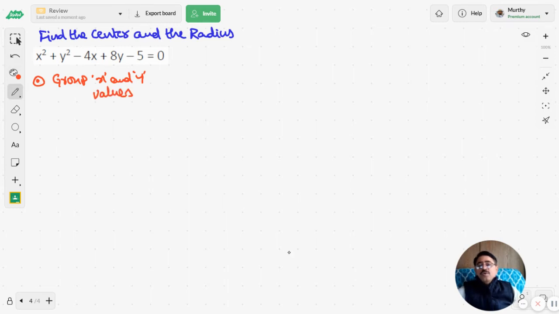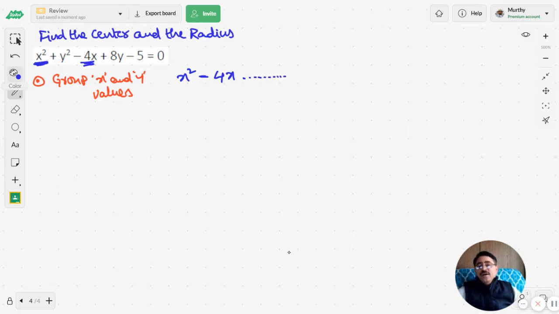Grouping x values and y values means I see x value negative 4x and x square. So let me write them together: x square minus 4x. Leave sufficient space.